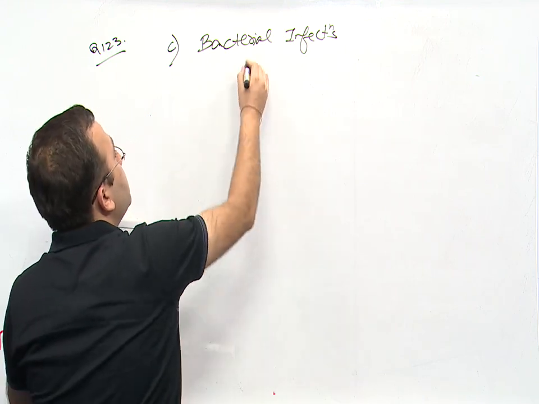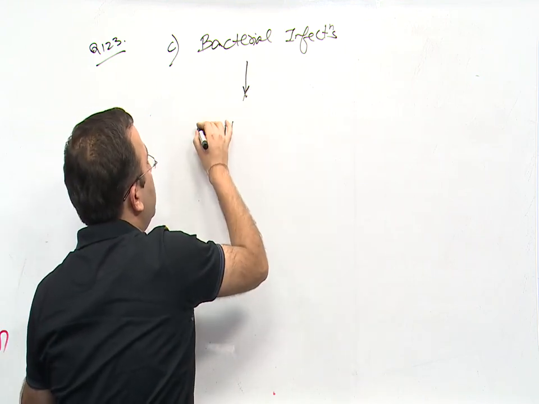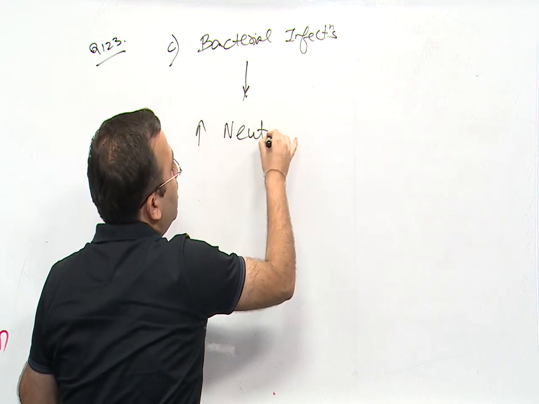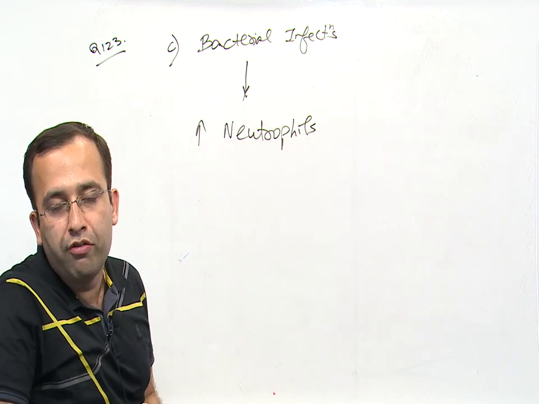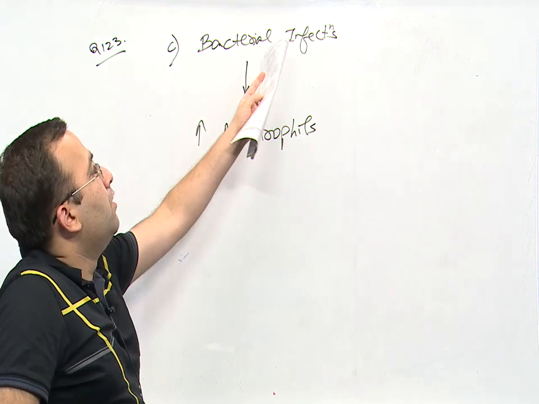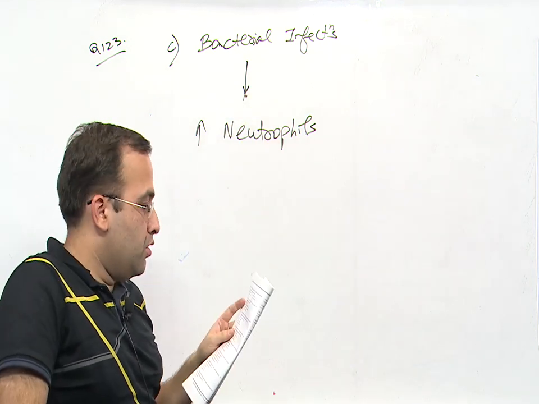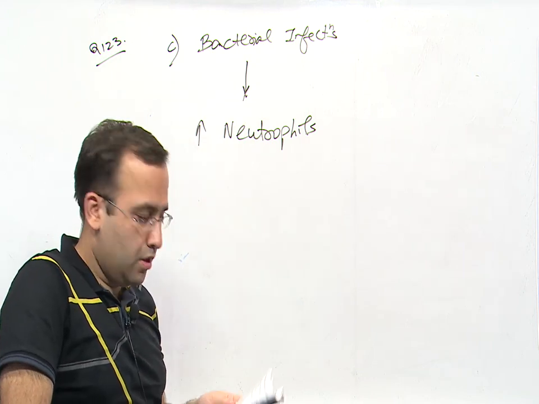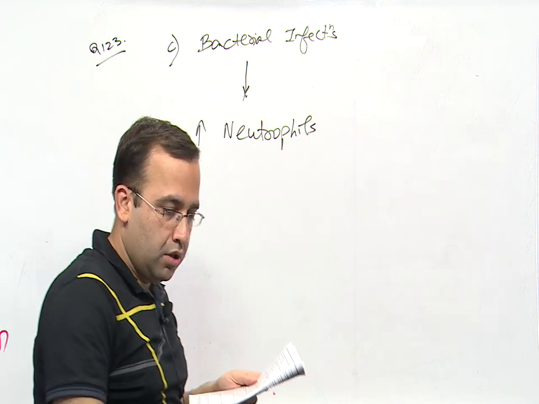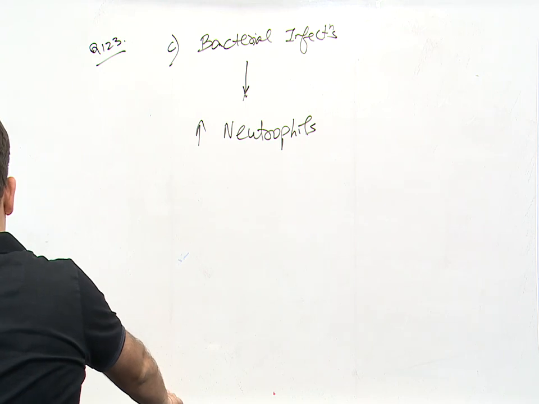Bacterial infections are associated with neutrophilia, that is increased number of neutrophils, not lymphocytosis. So answer is bacterial infections. Next, question 124.